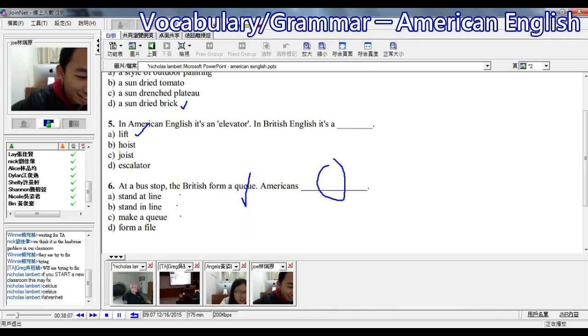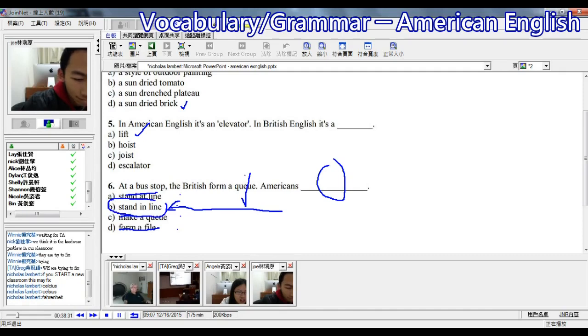I think it's stand in line. That's right, they stand in line. You don't make a queue, you form a queue. And you don't form a file. So you form a queue, you don't stand that way. So that's the only correct one. You stand in line, and it's the same as a queue.